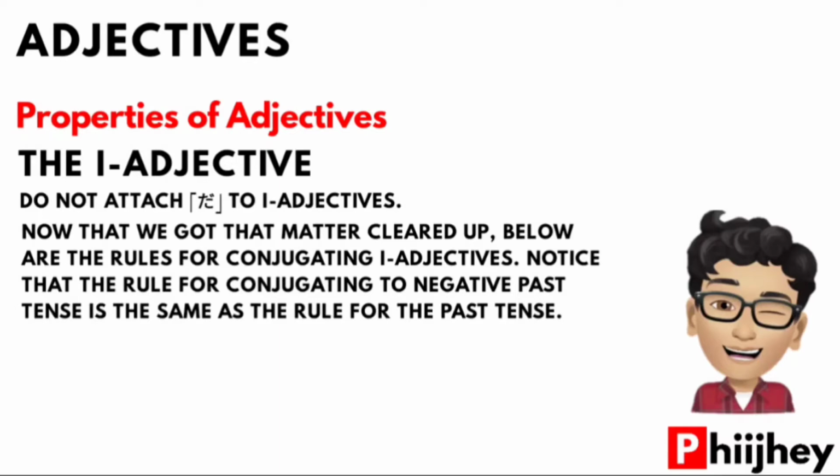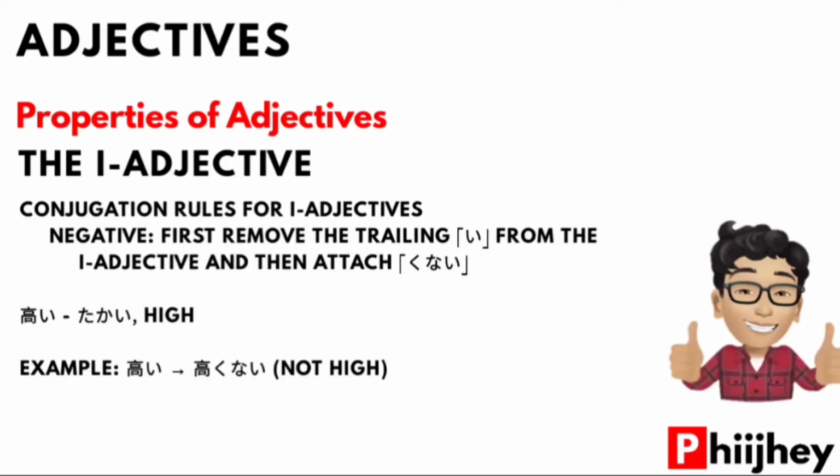Notice that the rule for conjugating to negative past tense is the same as the rule for the past tense. Conjugation rules for i-adjectives to make them negative. First, remove the trailing i from the i-adjective and then attach kunai. For example, takai will become takakunai.